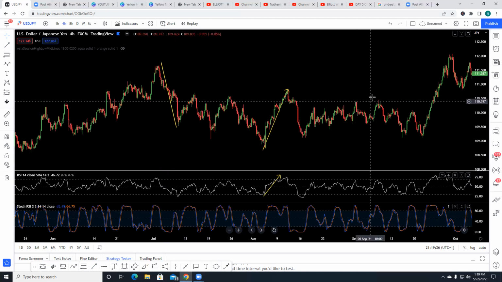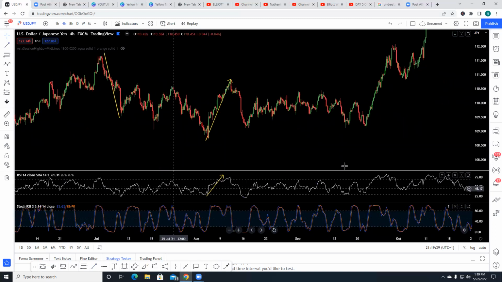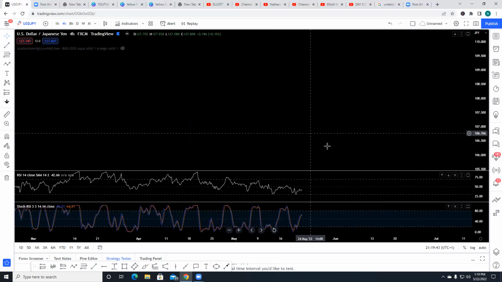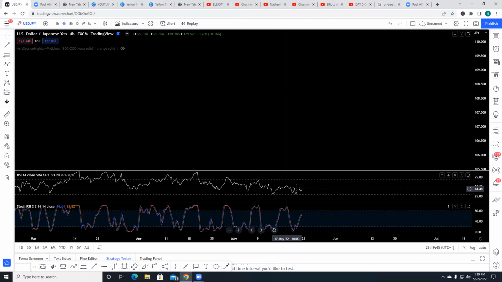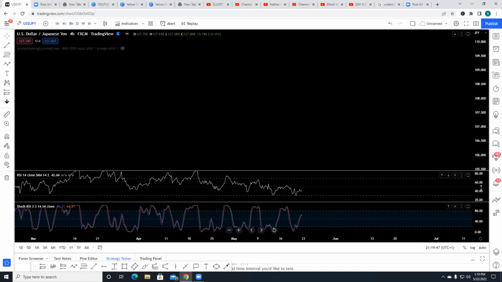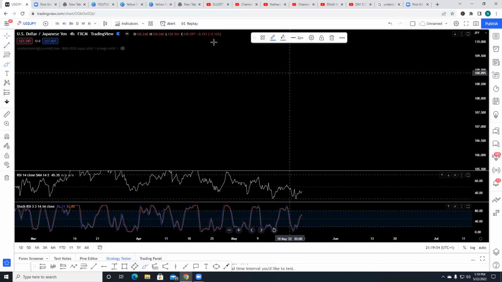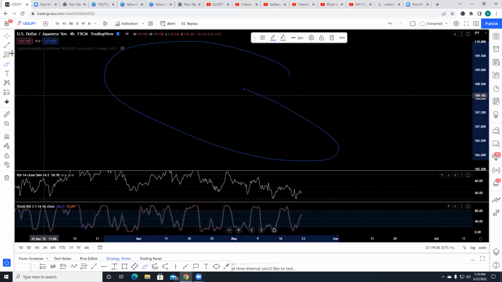So without even looking at the chart, if you show me an indicator at this level, I will tell you whether this market is bearish or bullish. Do you see that there is no chart here? Let me show you. No chart.